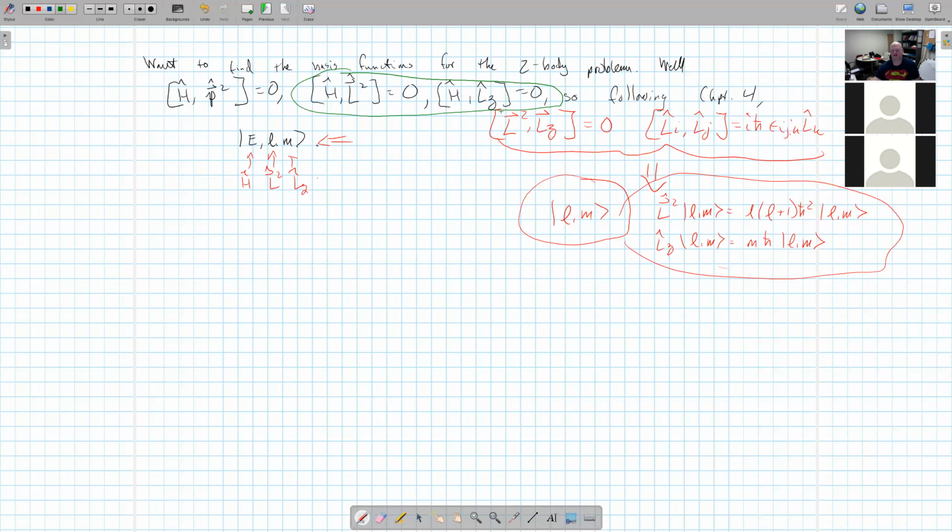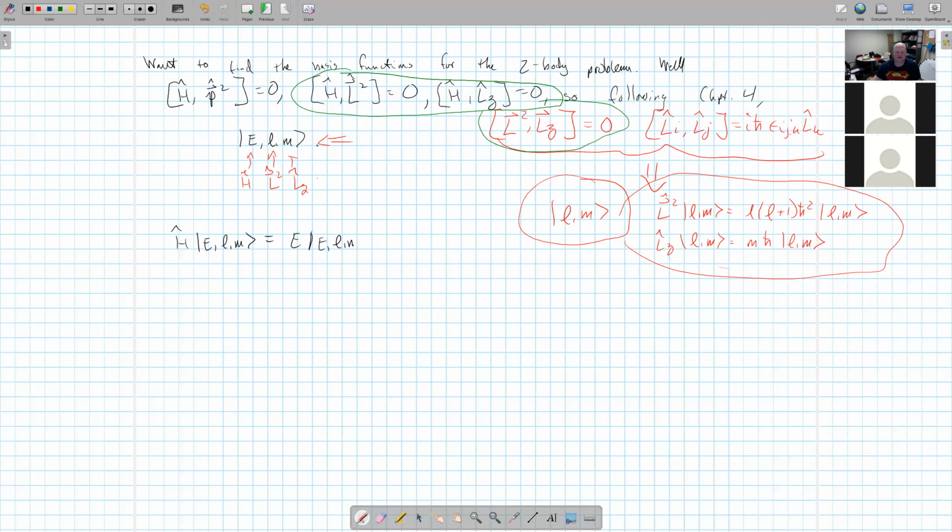Including this guy too. So, following what we said over here, if the Hamiltonian acts onto our simultaneous eigenstate, this just pulls out the energy of that eigenstate.